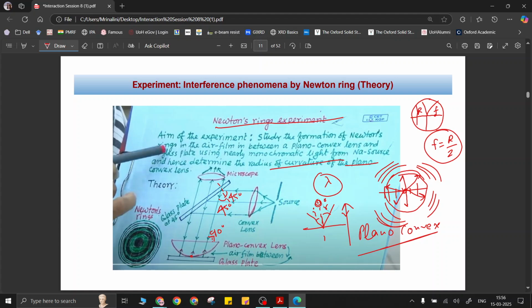One part of the light will reflect from this end of the lens and go back. Another part will travel through this air gap and reflect from this glass plate. So the direction is the same, but the distance traveled is some extra.